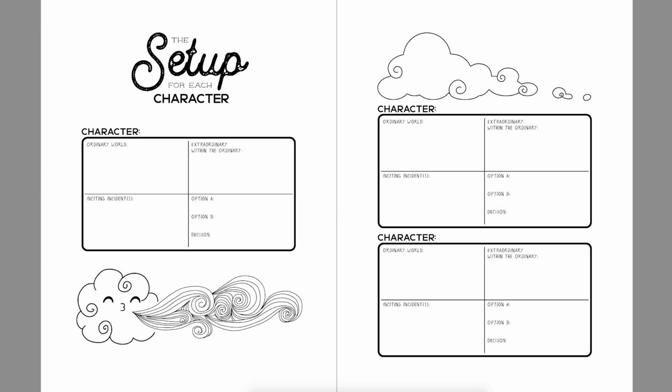The extraordinary within the ordinary: she meets this guy who ends up being a vampire, but he is just looking at her with this massive loathing. It's just a very scary incident for her. And then the inciting incidents: he clearly hates her, and she doesn't know why.